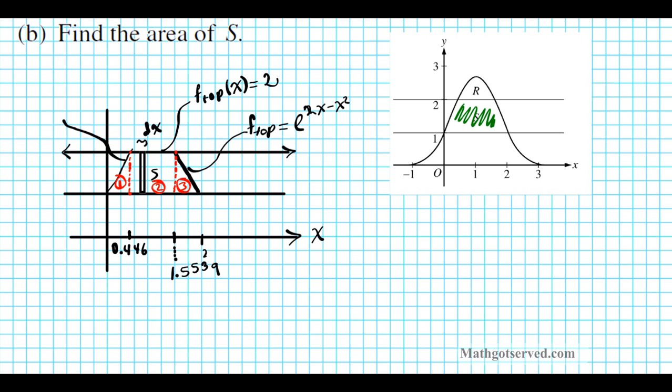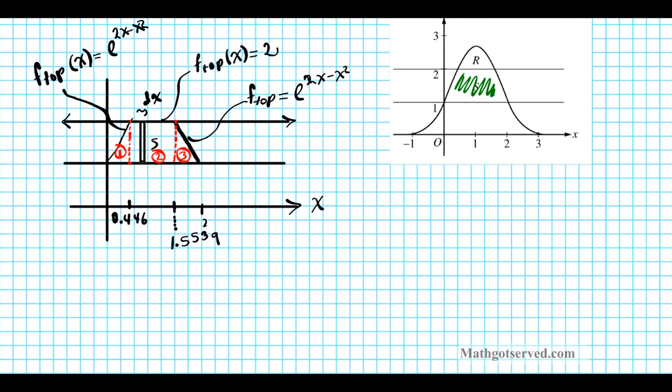And over here in region 1, we have the same f top. So we have to split this integral into three different expressions. The area is going to be the area of region 1 plus area of region 2 plus area of region 3.